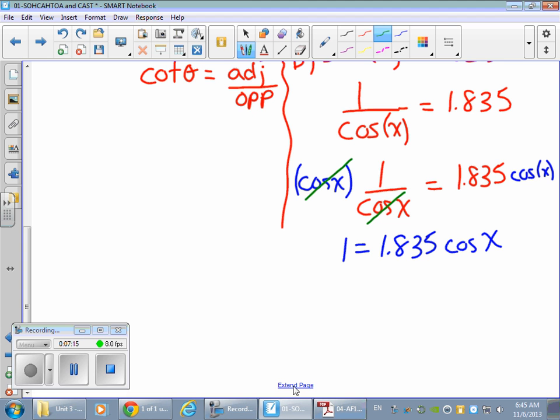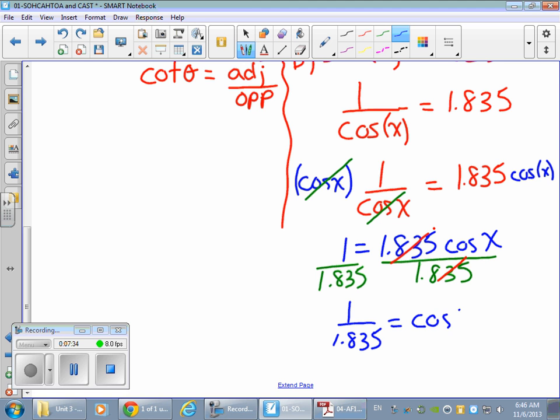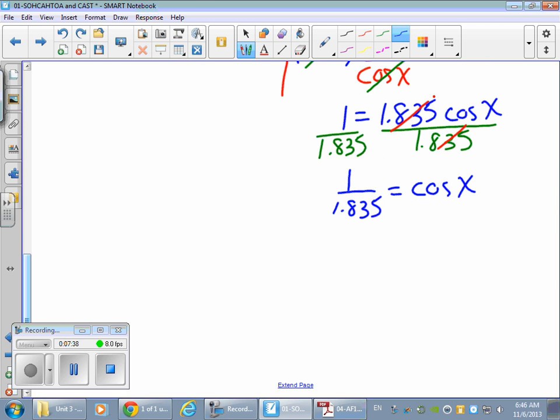I get that same sort of division and cancellation idea. And so I have 1 over 1.835 is cosine of x. And I haven't mentioned it before, but we want to remember that if we're looking to find the angle, we use the inverse.